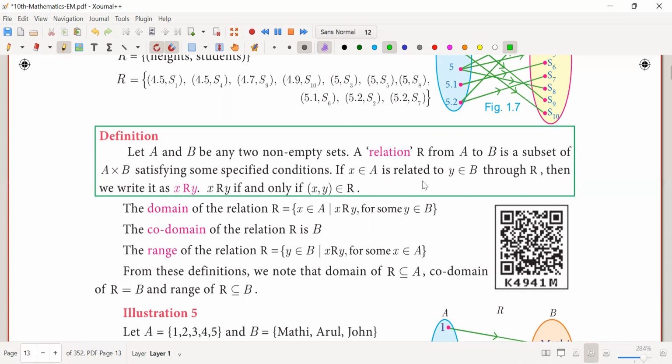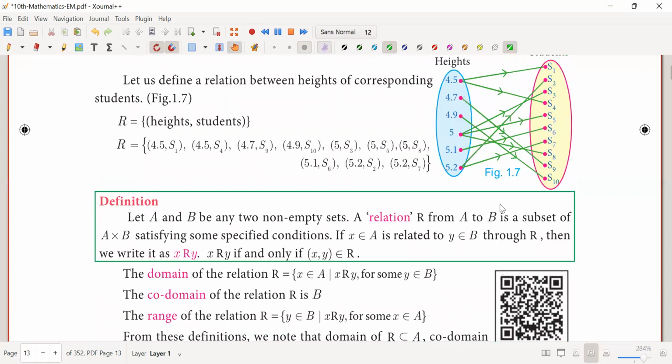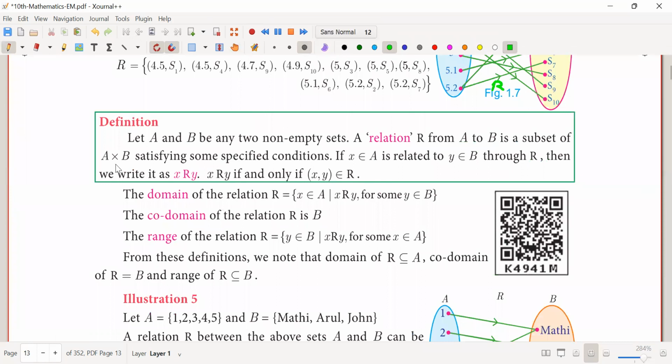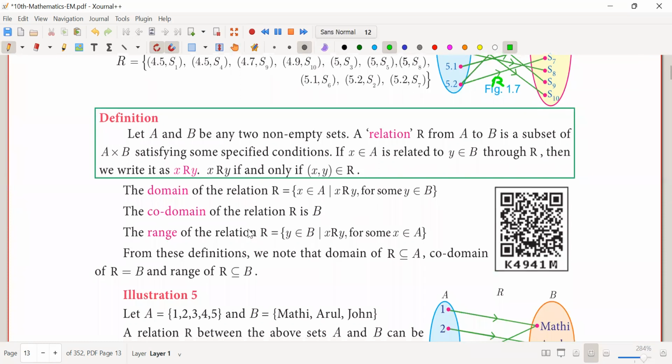X, an element of A, is related to Y, an element of B, through R. That is known as relation. This line represents the relation R. Then we can write X related to Y if and only if (X, Y) is an element of R.